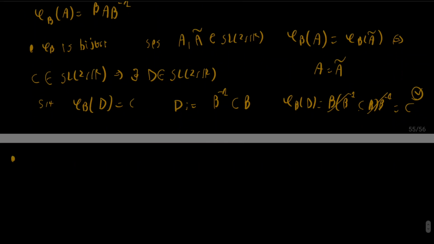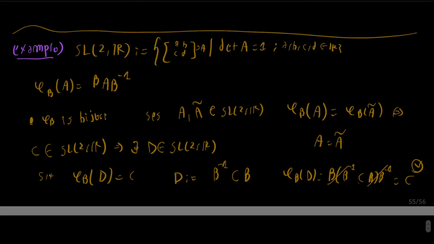Also, let's show that the image of a matrix under this conjugation is actually in the special linear group of 2 by 2 real matrices. What assures us of this is that if we take the determinant, by the properties of the determinant, it is equal to the determinant of B times the determinant of B to the minus 1 times the determinant of A. And since all these determinants are equal to 1, we get that this is equal to 1.